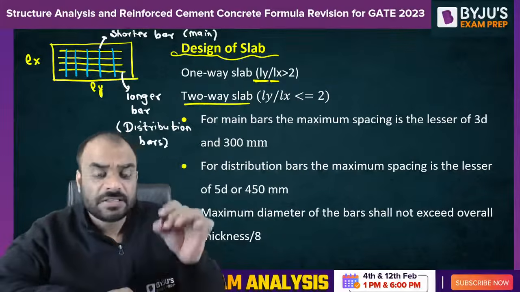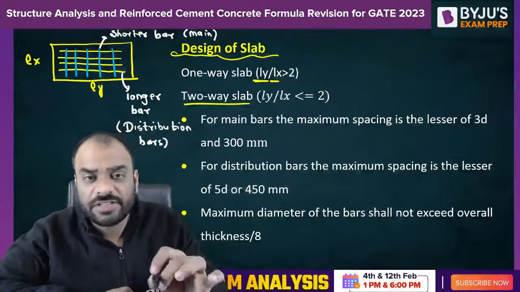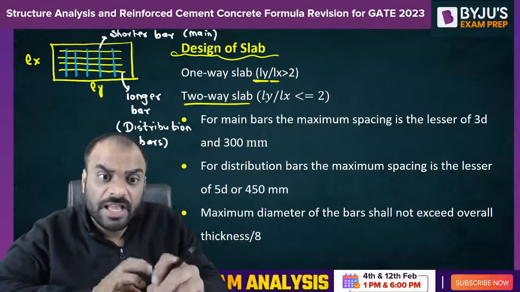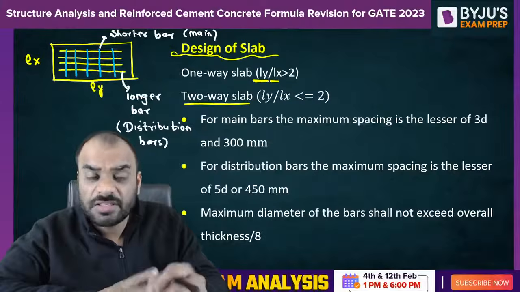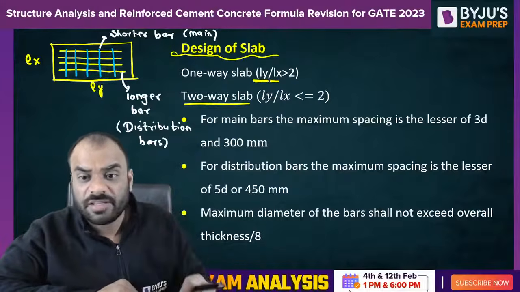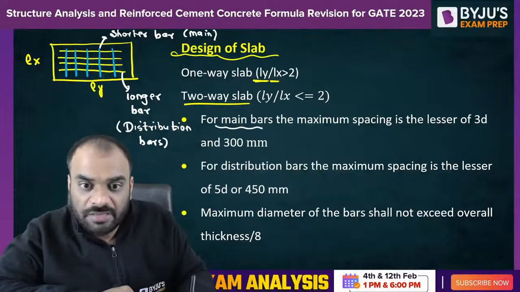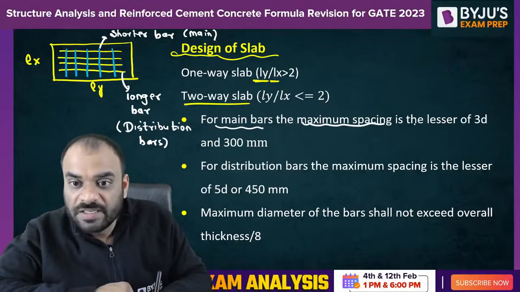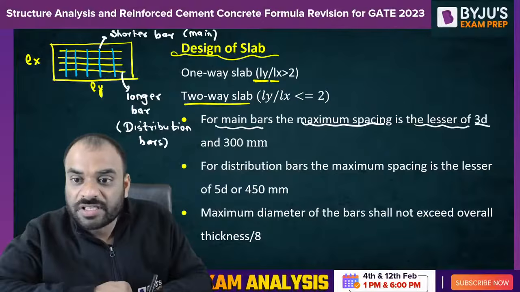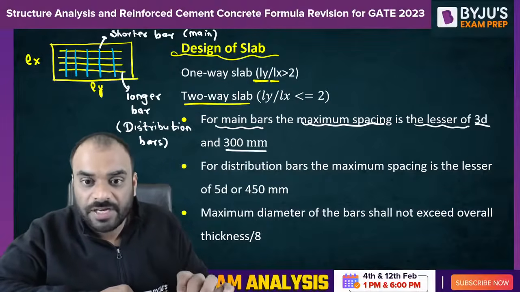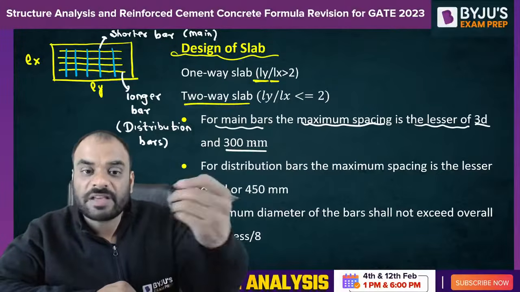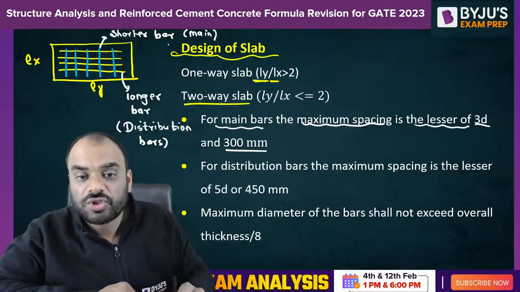So guys, the spacing between the main reinforcement and the spacing between the distribution bars is recommended by the code, which you have to consider as per the data. Listen, for the main bar, the maximum spacing is the lesser of 3D or 300 mm. Whichever is less will be our maximum permissible spacing for the shorter bars.